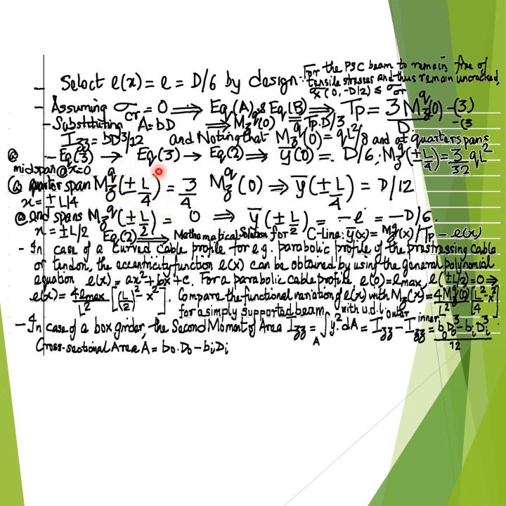For example, quarter spans represented by x coordinates plus minus L by 4 can be related to the externally applied bending moment M subscript Z superscript Q at the midspan, that is x equal to 0, by this relationship that is based on statics of the pre-stressed concrete beam considered as a simply supported beam supporting a uniformly distributed load of intensity Q over a simply supported span equal to L.